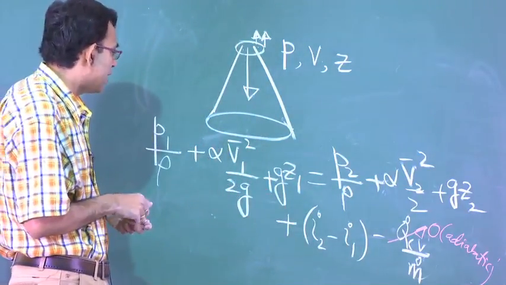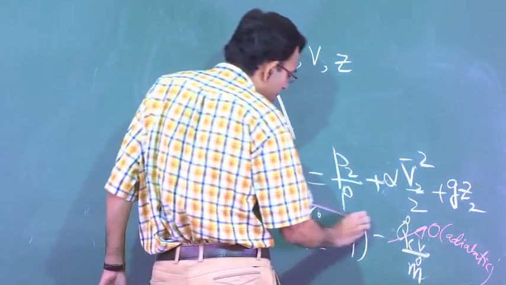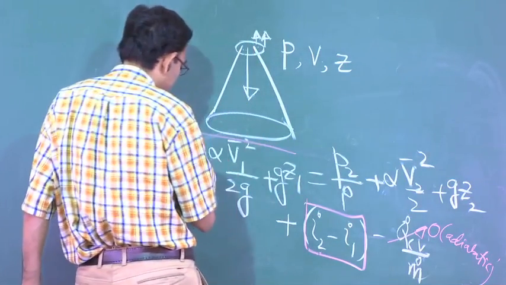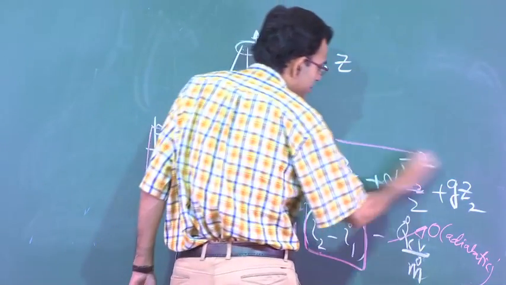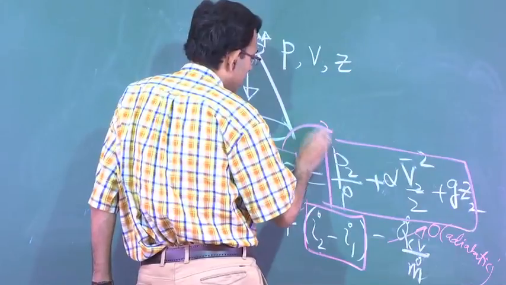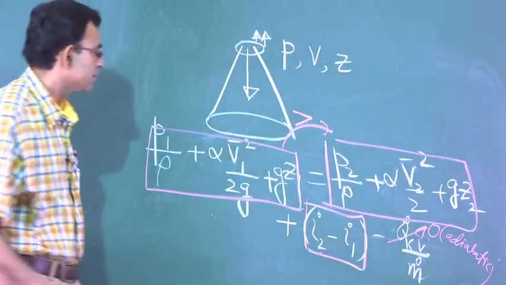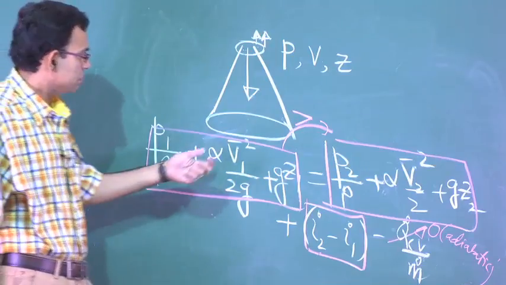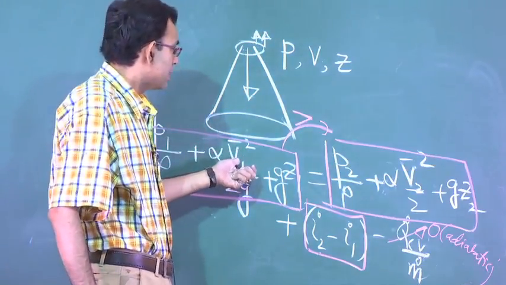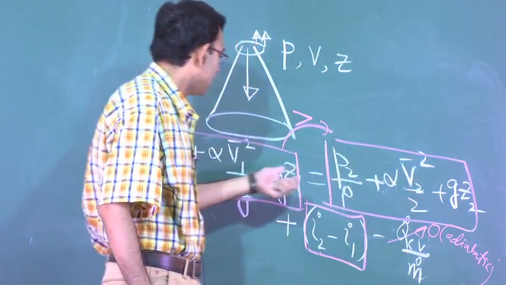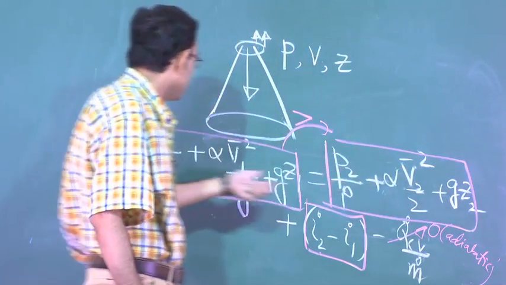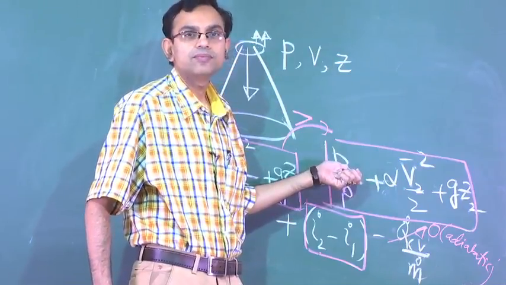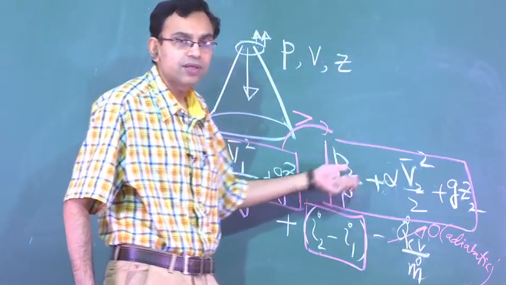So, we can clearly see that if this has to be positive, and if you consider this term and this term, this is greater. So, if this term is greater than this term and this term is greater than this term, you will still have P1 less than P2, but fluid is still flowing.